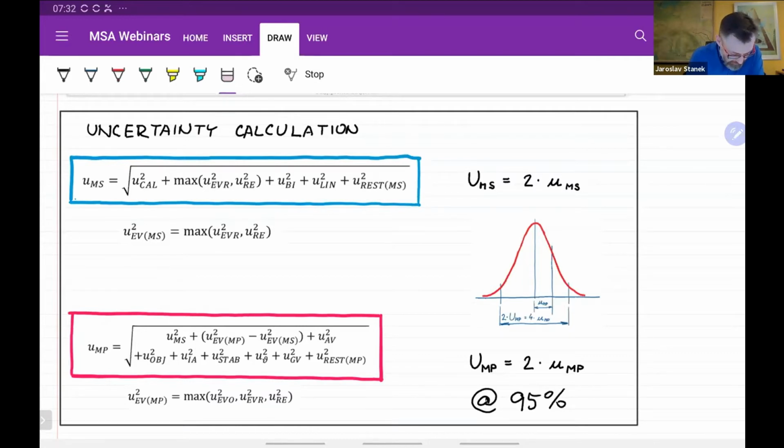And that is the formulas displayed here. One for uncertainties connected with the measurement system. That's the blue one. And the red one for the measurement process.